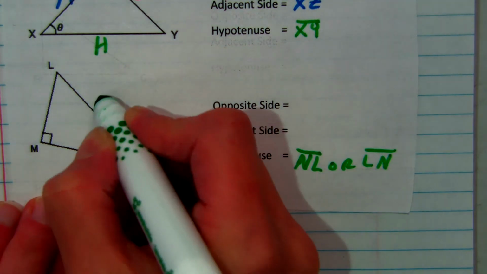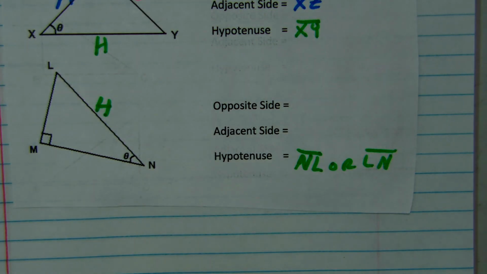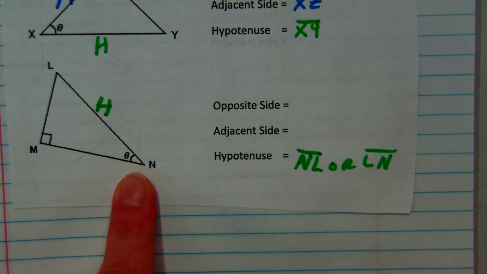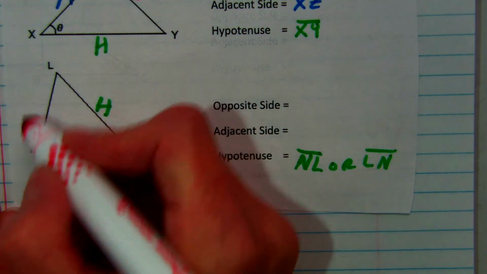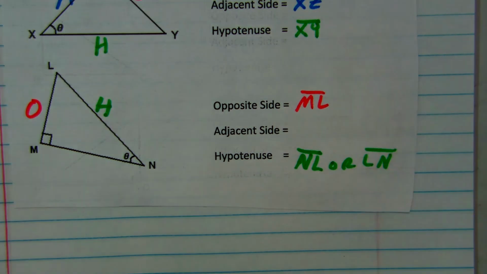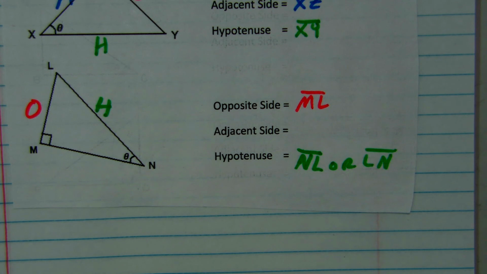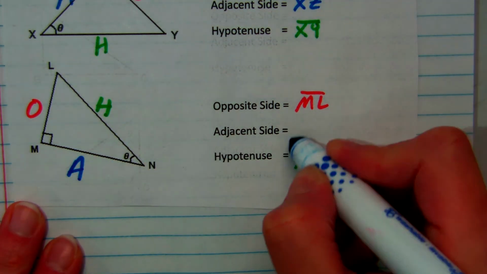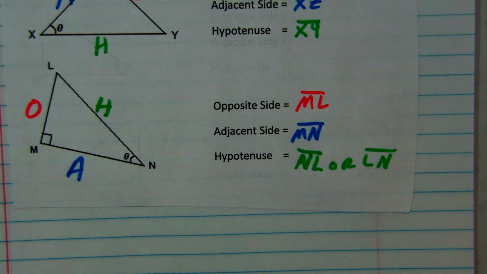So that's my hypotenuse. I like to mark that one first because in my brain that one's easiest. Okay, so here's theta. Which side is opposite theta? ML. Good. So this is opposite. I'll call that ML, or you can call it LM, either way. As long as you have both endpoints, you're naming the same segment. And then adjacent would just be the one that's left over down here, which we could call MN or NM.